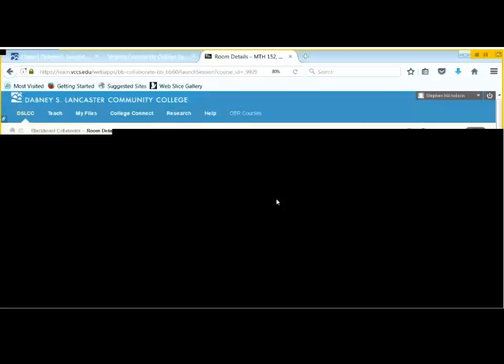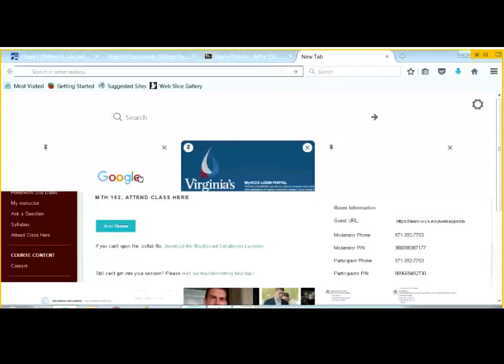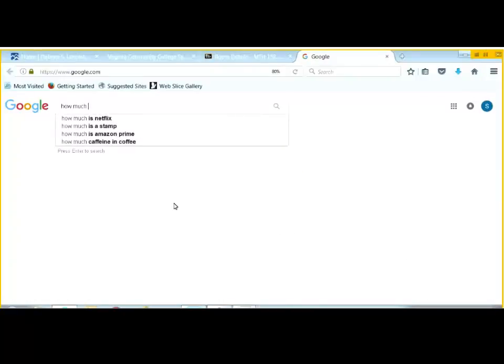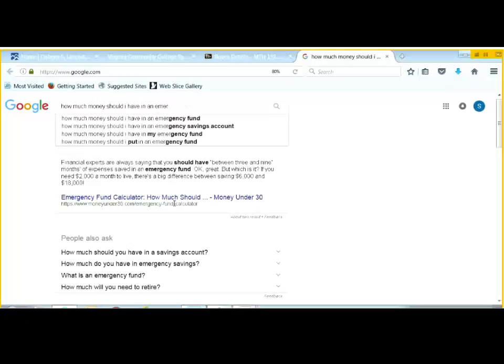All these things nowadays you can find it, and again, be careful about where you go. You don't want to be reading fake news or fake investment advice. But yeah, so if I said how much money should I have in an emergency fund? There you go. So here it is.